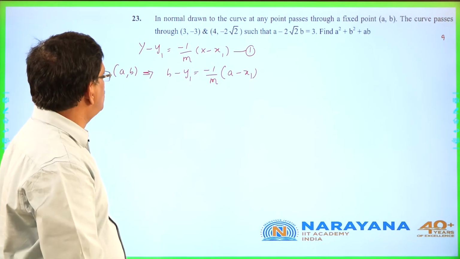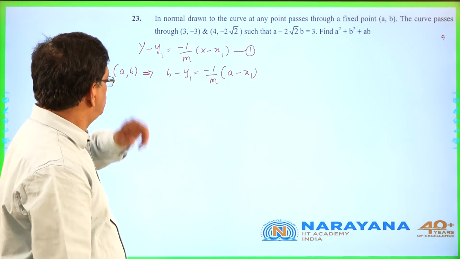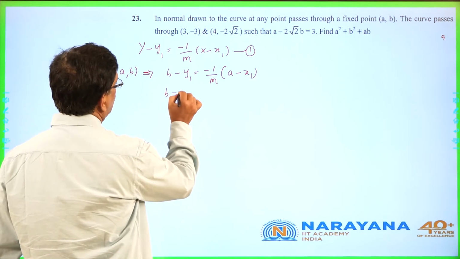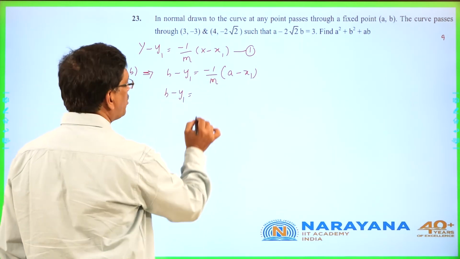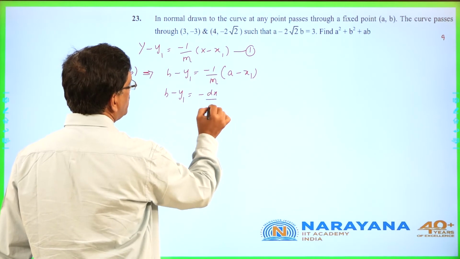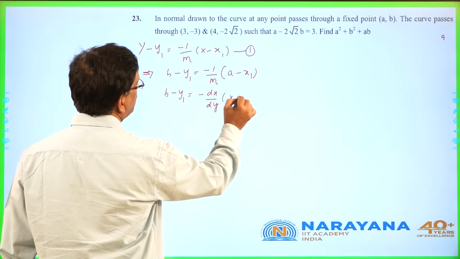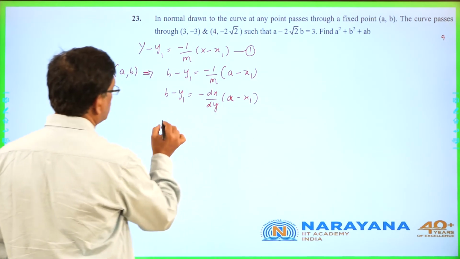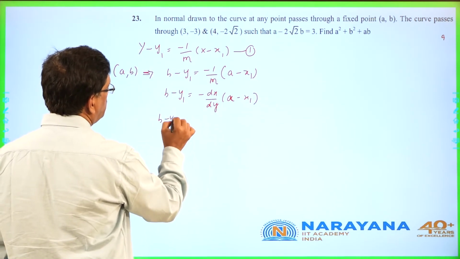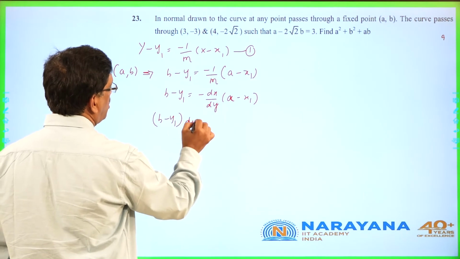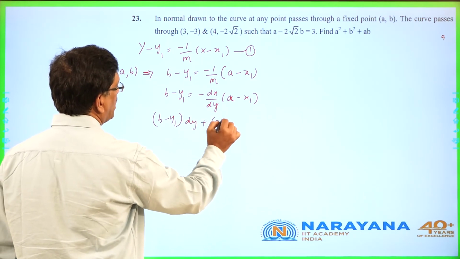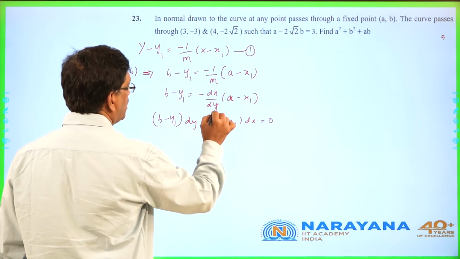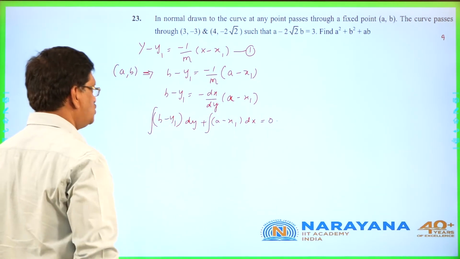The curve passes through these 2 points. So you have to get the curve. It is dy by dx equals minus dx by dy. It is: a minus x1 cross multiply, b minus y1 of dy plus a minus x1 of dx is equal to 0.